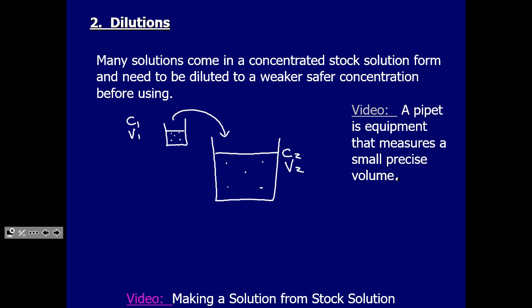Well, I can calculate the moles. C equals N over V. So N1 equals C1 times V1. All right? Because that's just a simple calculation from C equals N over V. I can do the same thing here. N2 is equal to C2 times V2.